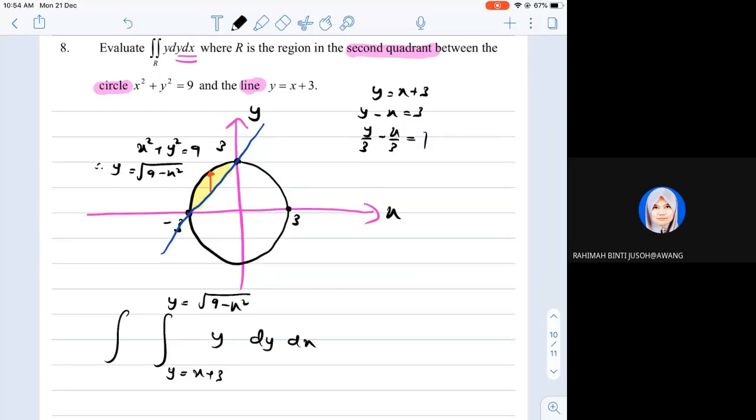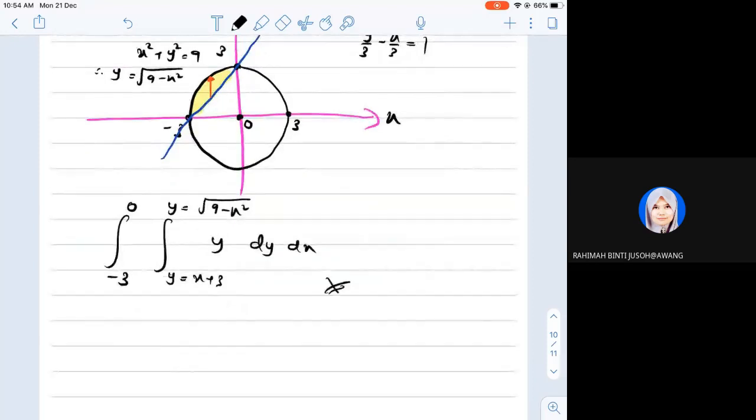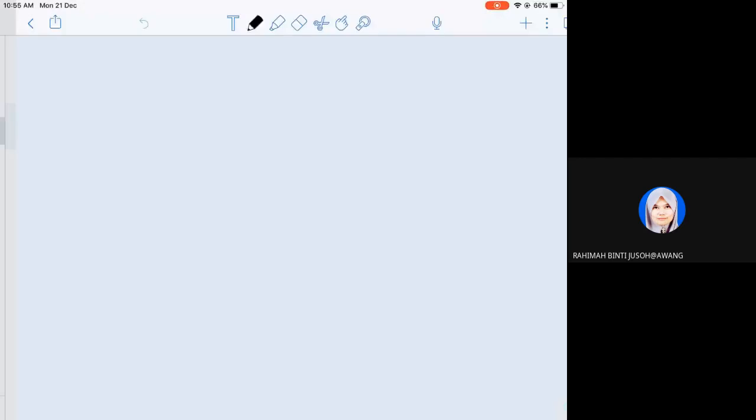Give me the point. X from negative 3 to 0. Yes, from negative 3 until 0. Well done.